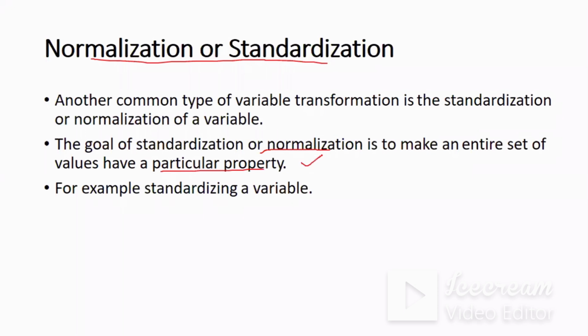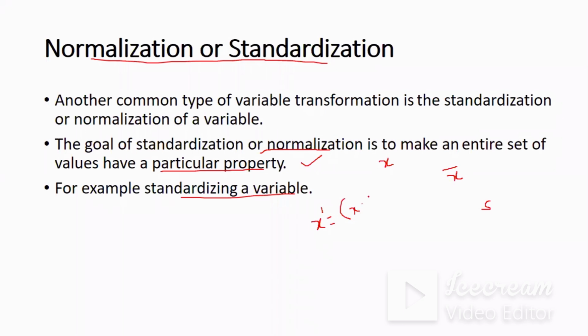For example, let us look at standardizing a variable. Say x bar is the mean or the average of a data set, and s is the standard deviation. Then x is the variable, and for the x variable I standardize each value.